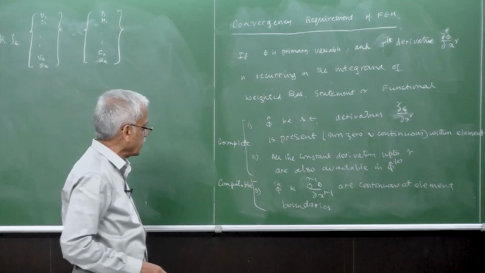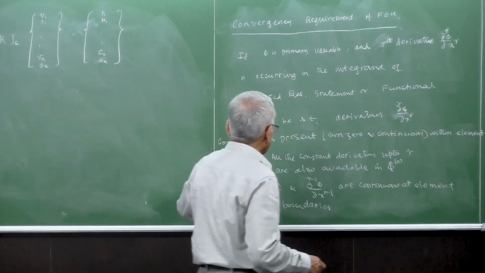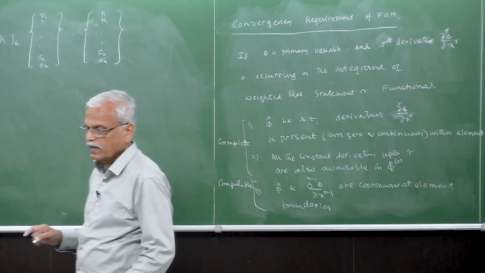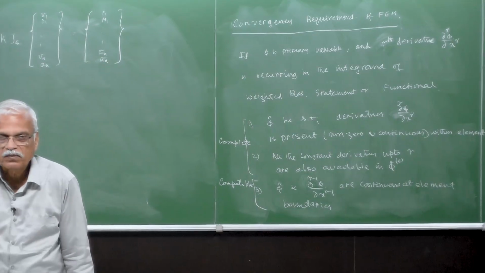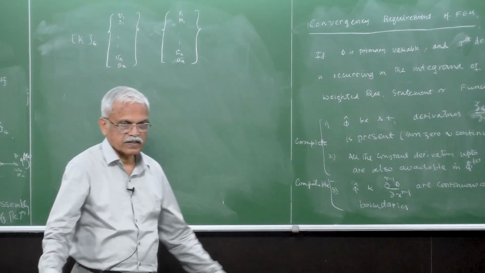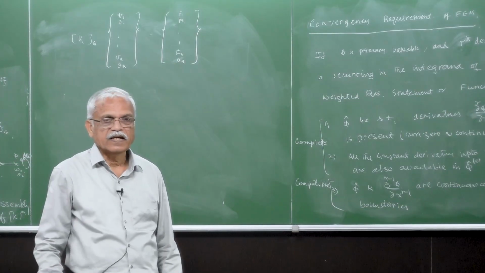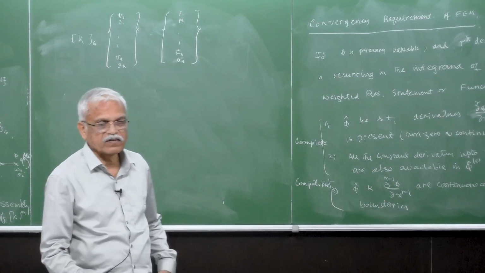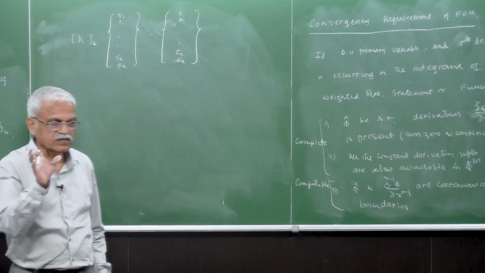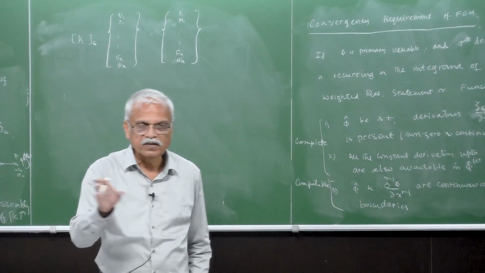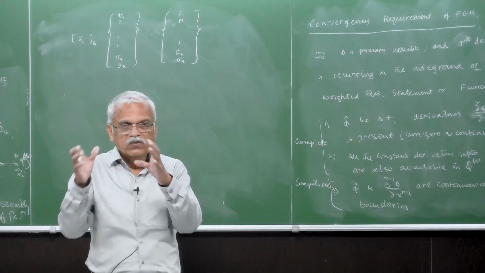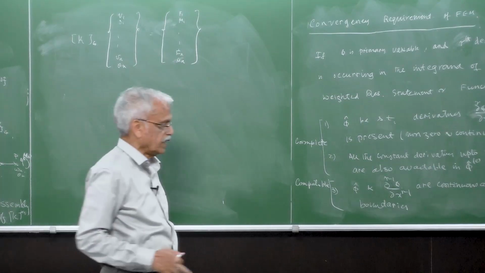So the completeness requirement says that within the element, all the constant terms up to the rth derivative are present. So the constant states of the function and maybe the strains and so on in the case of solid mechanics are all present. These are necessary when the element becomes smaller and smaller, so the function starts becoming a more and more uniform state.